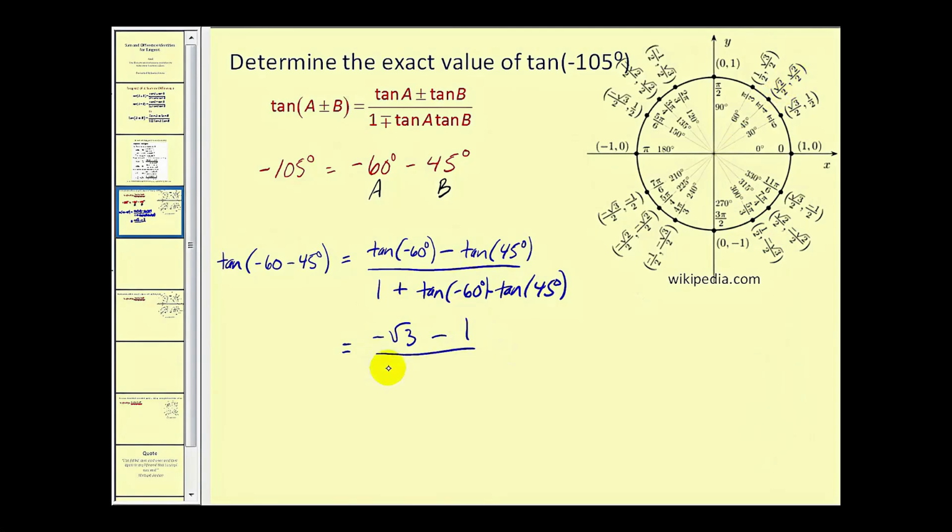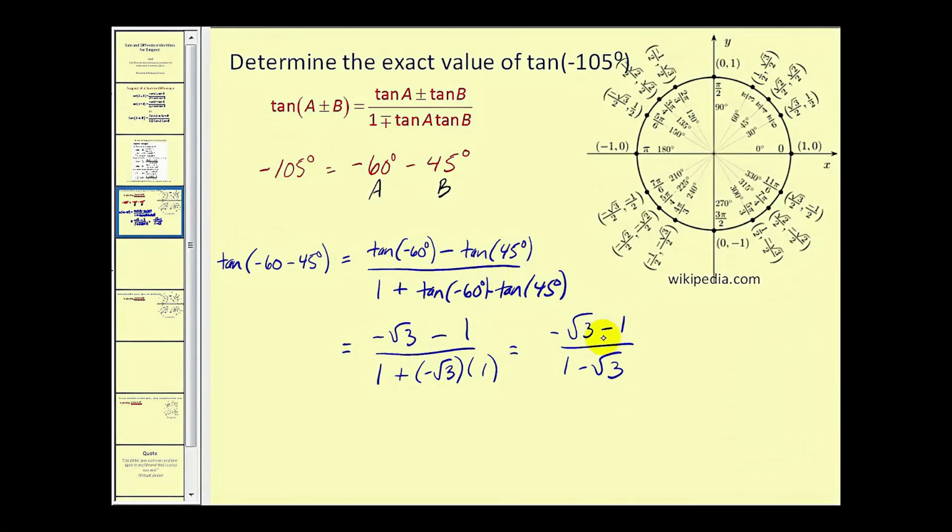Divided by 1 plus the product of tangent negative 60 degrees again, which we already found as negative square root 3, and the tangent of 45 degrees we already found as equal to 1. So this simplifies to negative square root 3 minus 1 over 1 minus square root 3. This is the tangent of negative 105 degrees.